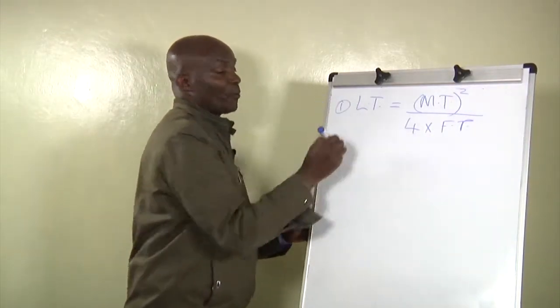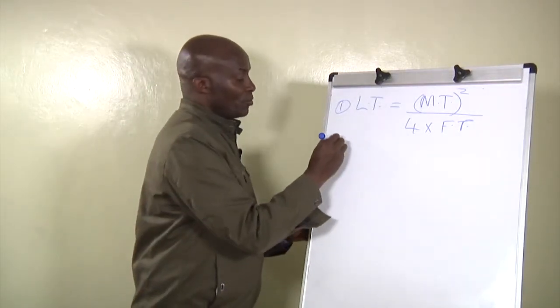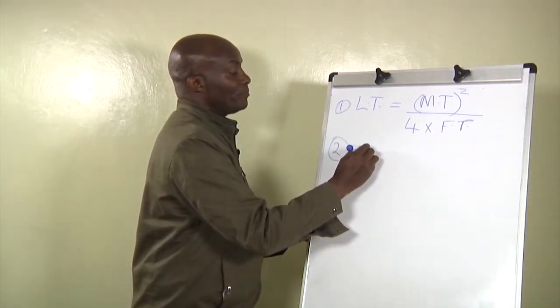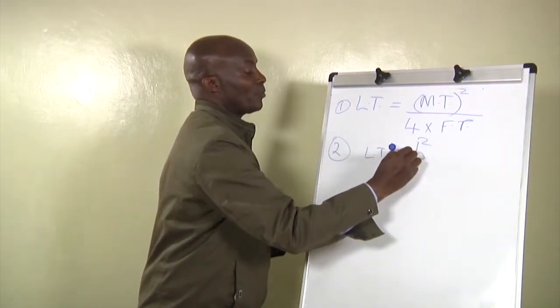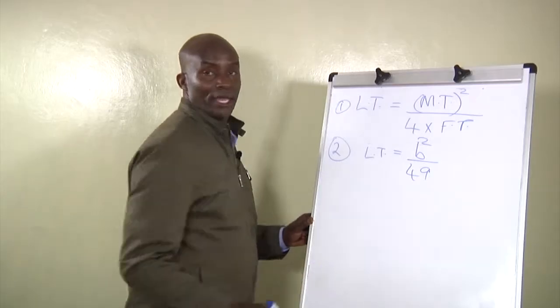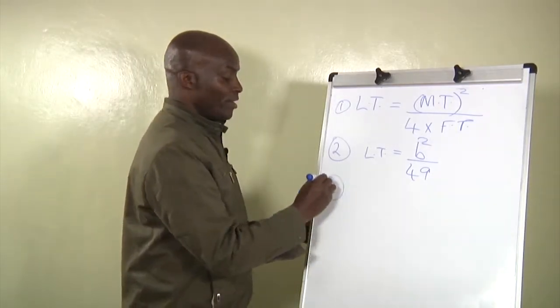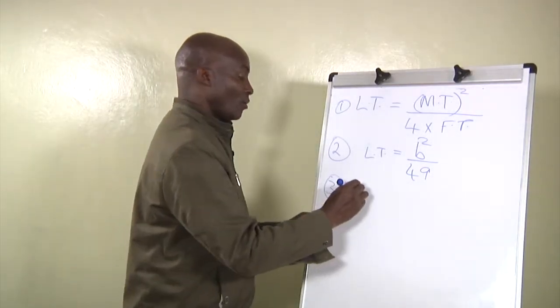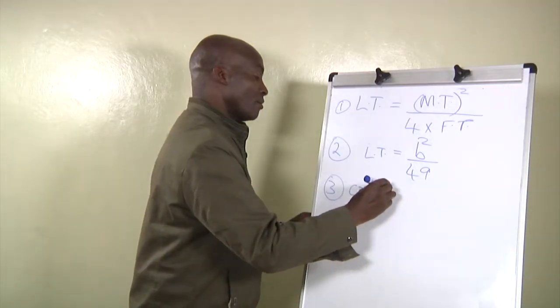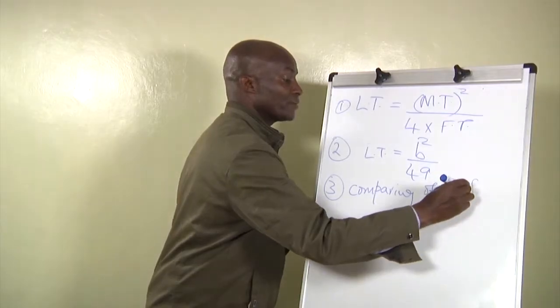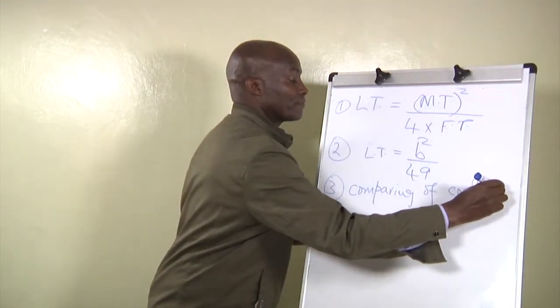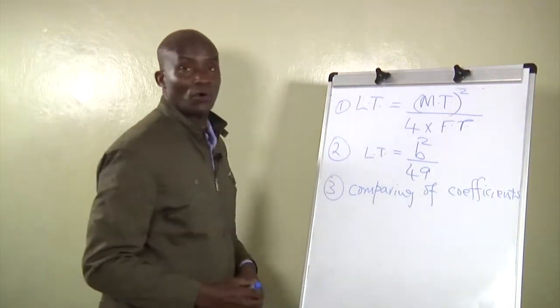This is method 1. Method 2, you simply say the last term will be b squared over 4a. And the third method is comparing of coefficients.